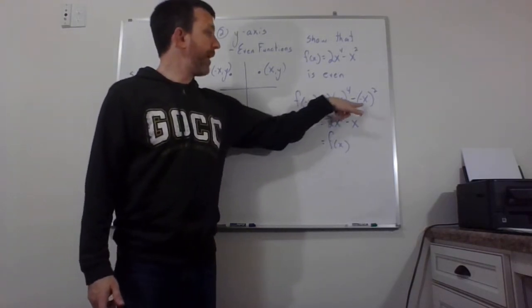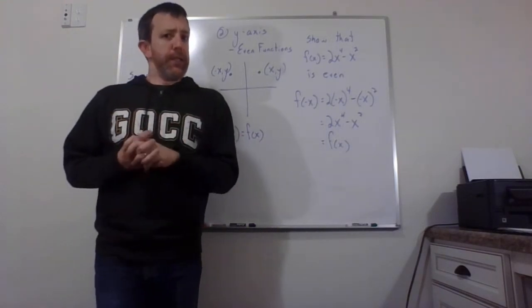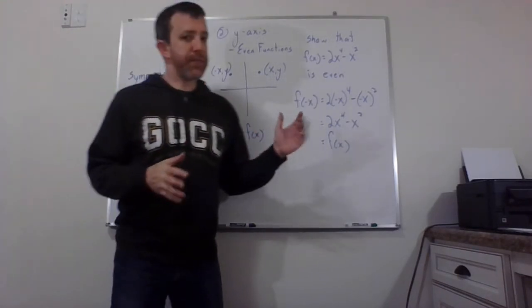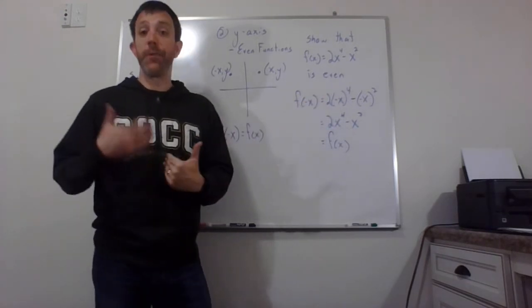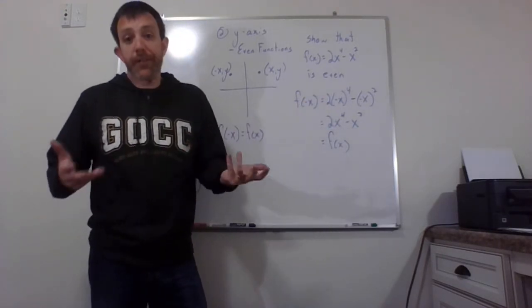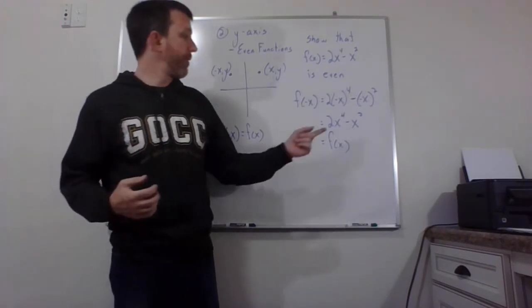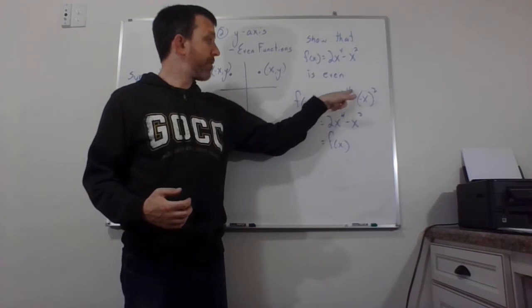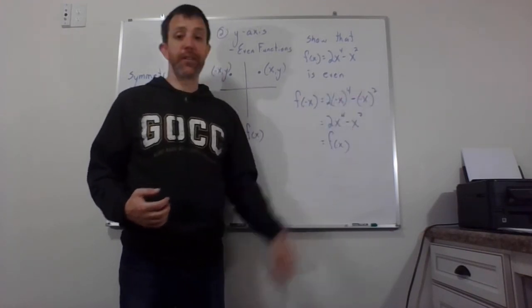So if I plug in negative x, I'm going to be really careful with my parentheses because negatives are goofy and will mess things up if you're not careful. But what happens when you raise a negative to an even power? Well, the answer is the negative drops out. It goes away, it turns it back into a positive. So my negative x raised to the 4th is the same as x to the 4th. My negative x squared is the same as x squared.